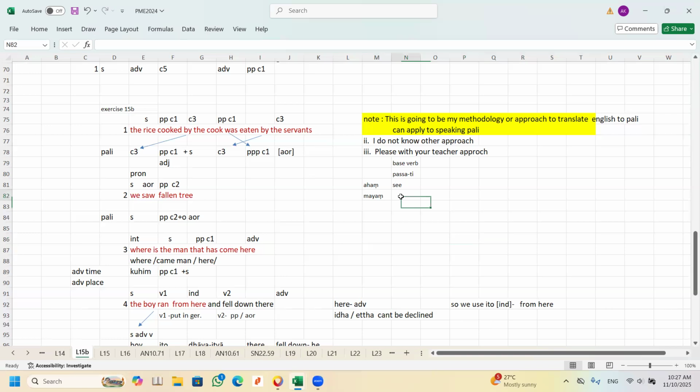So you add in the termination. After the termination, what you need to do, in this case, you know a noun.